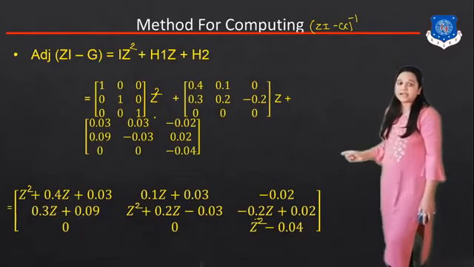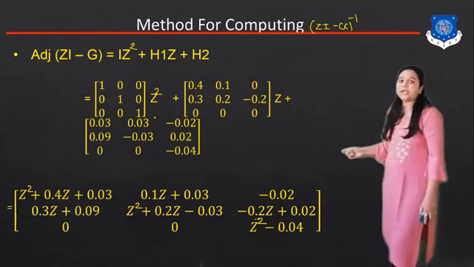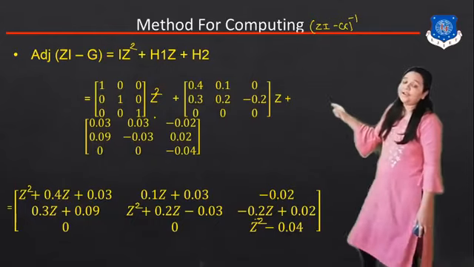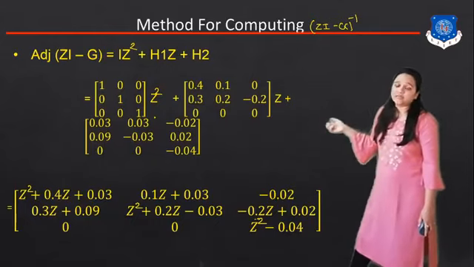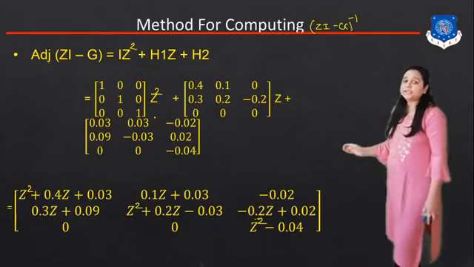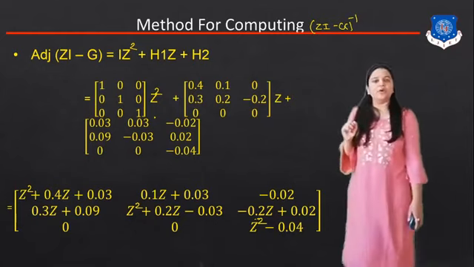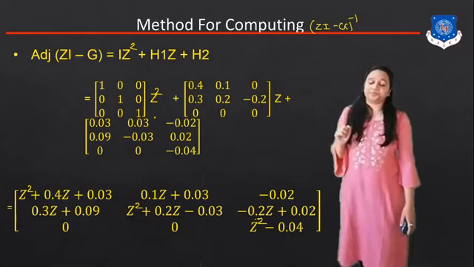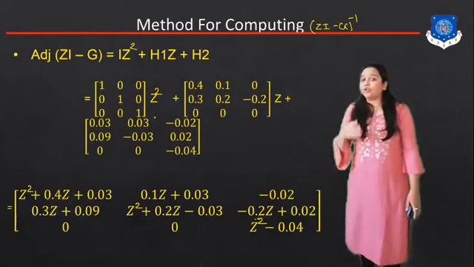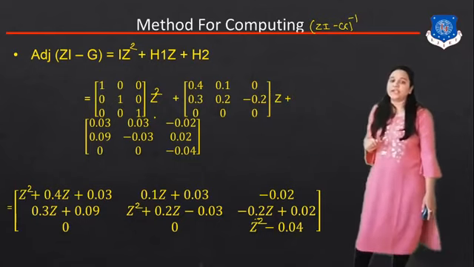The next is Z square plus 0.2 Z minus 0.03, and the next is minus 0.2 Z plus 0.02, because in the I matrix the Z square will be multiplied with the 0. Now in the last row we get 0 0 and Z square minus 0.04. So using the equation of adjoint of ZI minus Z and the values of H1 and H2, we can find the value of adjoint of ZI minus Z.